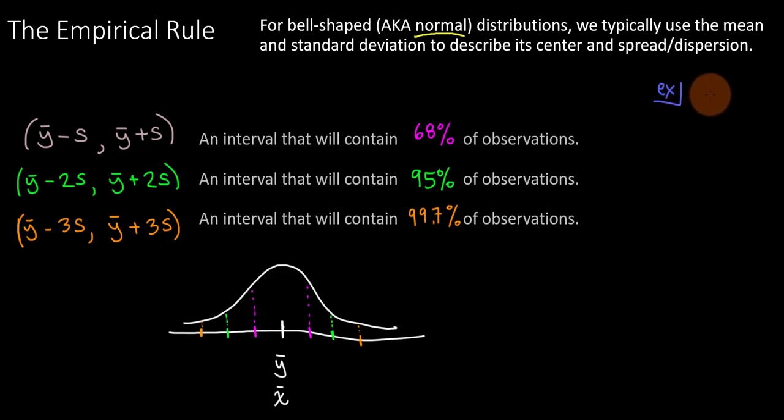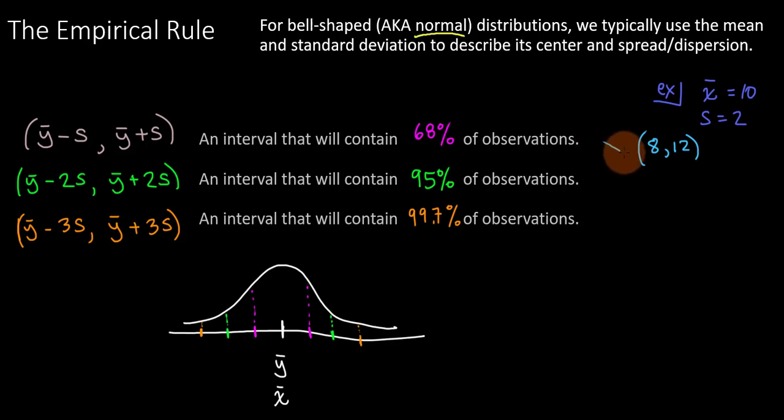Suppose you have a mean of 10 from some data set, and the standard deviation is 2. Well, what would be the interval that the 68% is referring to? Well, that would be from 8 to 12, because that would be the mean minus 2 and the mean plus 2.